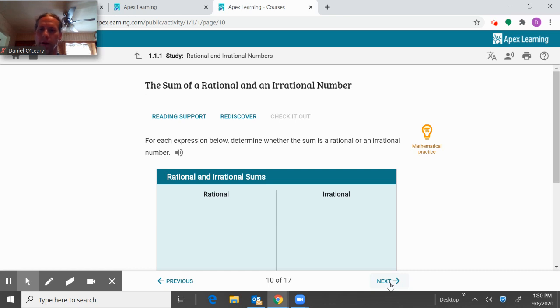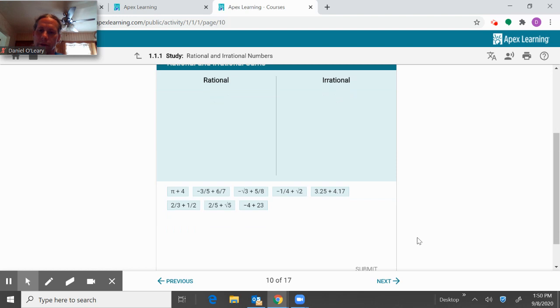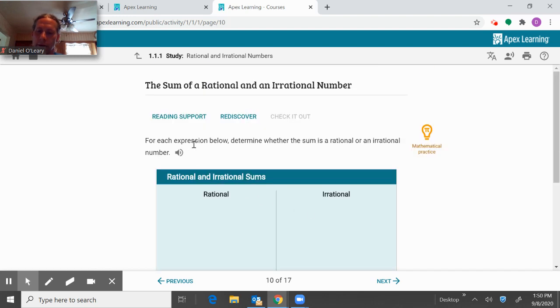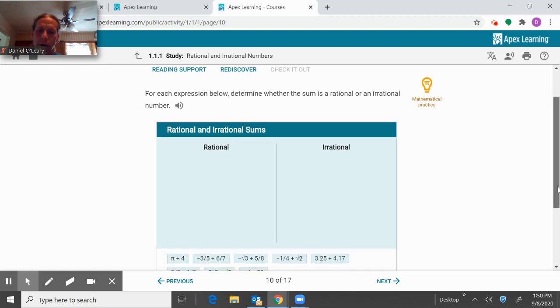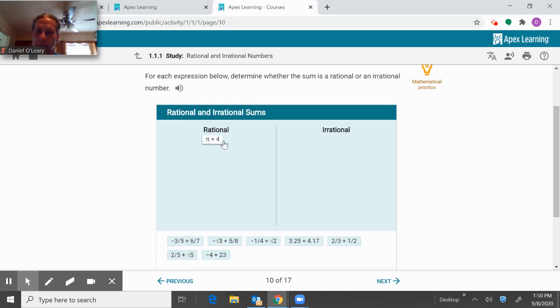All right, so sum of a rational and an irrational number. For each expression below, determine whether the sum is a rational or an irrational number. So you would drag these things into there. Let's take a look at one that's rational, one that's irrational.